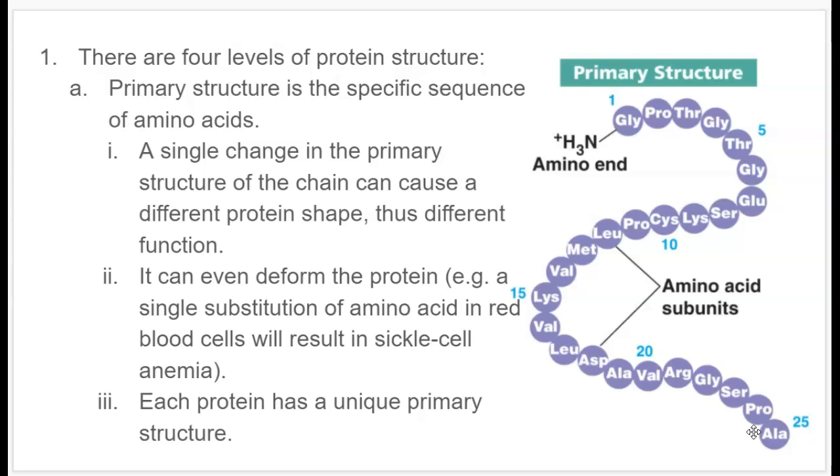It's no longer going to have the same job. And so that can cause deformation of a protein. For example, a single substitution of a specific amino acid in red blood cells results in sickle cell anemia, meaning the cell is misshapen and it can no longer function the correct way. So, depending on where the change is, it can have big consequences.